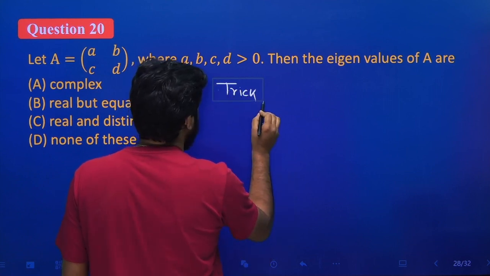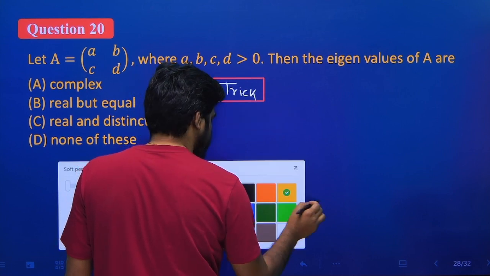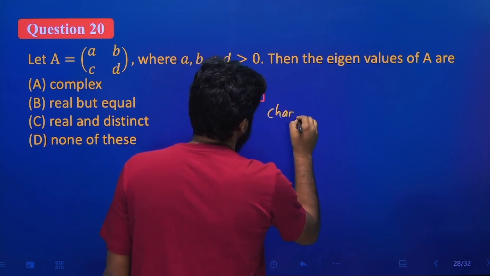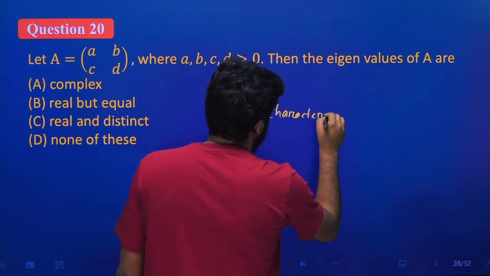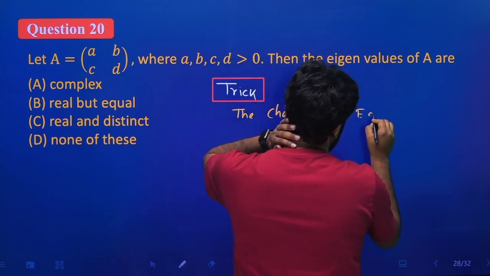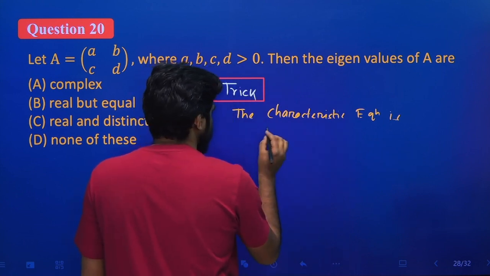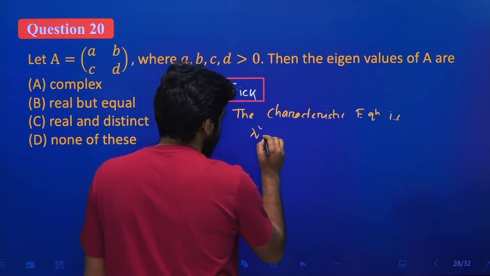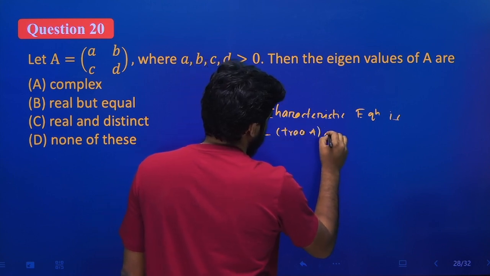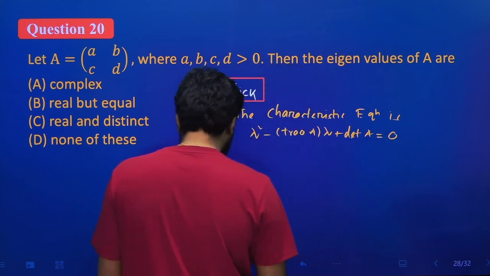For a 2 cross 2 matrix, the characteristic equation is lambda square minus trace A into lambda plus determinant A is equal to 0.